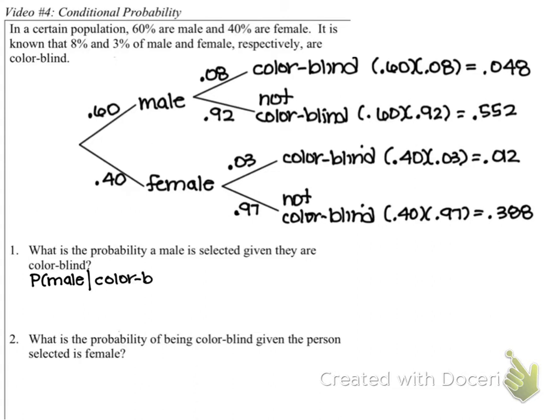What this is saying is that the population we are concerned with is the population that has been identified as colorblind. So on the bottom, I'm going to put the probability of colorblind. I'm going to take my entire population from my diagram above, and I only care about the ones that are identified as colorblind.